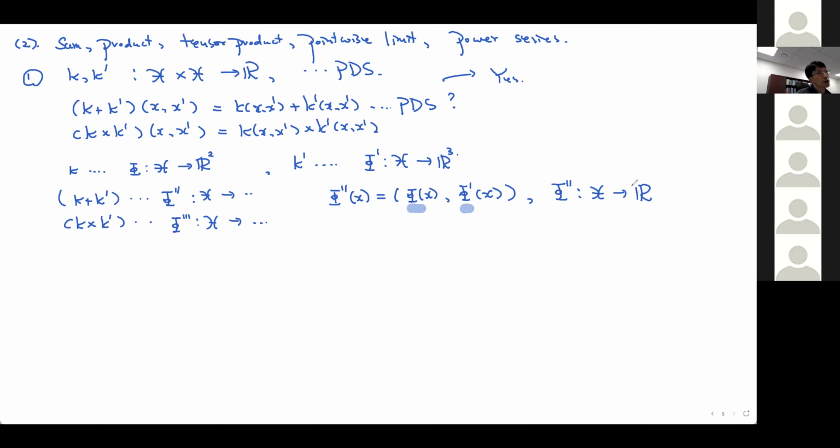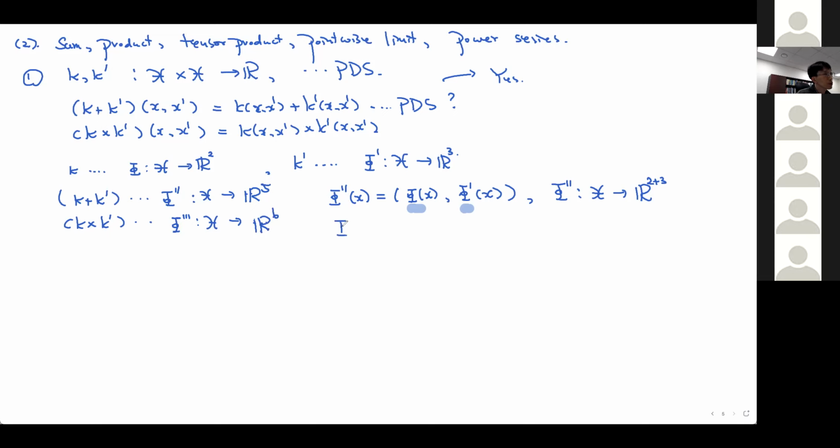We add their dimensions together, 2 plus 3, which is 5. On the other hand, the second case is actually R^6.